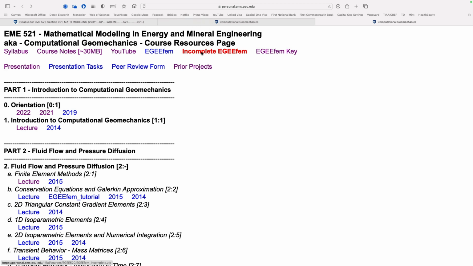There's an incomplete version of the code which has these subroutines which are not completed, but they have the bare bones in them and some pieces missing, directing you to add the missing pieces. The idea is that all finite element models work on the idea that you're solving a big mesh, but it's divided into individual elements.